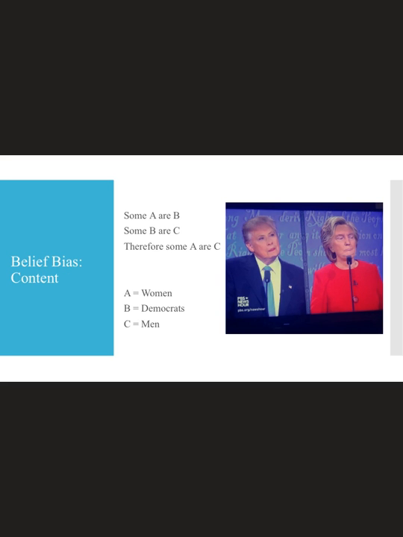Another example of belief bias is specific to content. Some A are B, some B are C, therefore some A are C, right? If we plug that in, some women are Democrats, some Democrats are men, therefore some women are men, right? That doesn't make sense. Again, this is an example of a problem with problem solving, right?